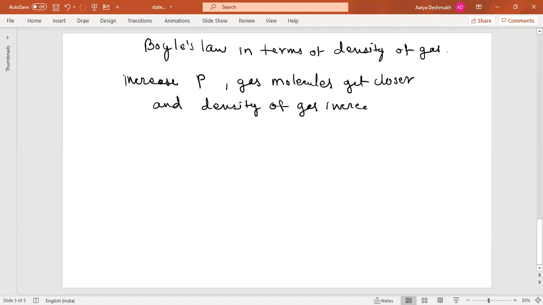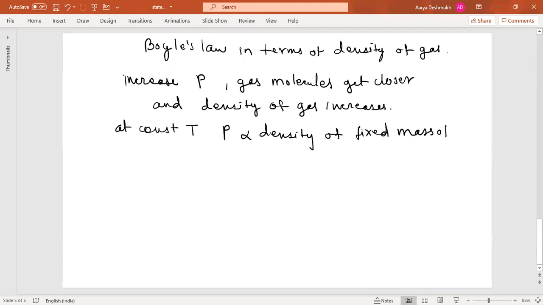Okay. So at constant temperature, we're talking about Boyle's Law. So the temperature is constant. At constant temperature, pressure is directly proportional to density of a fixed mass of gas.